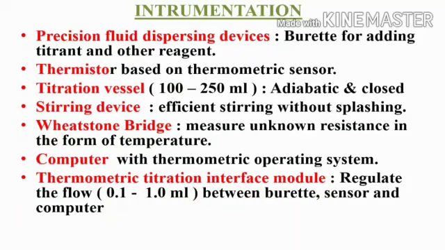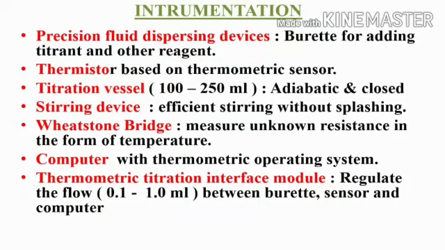The assembly consists of a thermometric sensor, that is a thermistor. Thermistor exhibits relatively large changes in electrical resistance for small changes in temperature. It is capable of resolving temperature changes as low as 10 to the power minus 5 Kelvin.